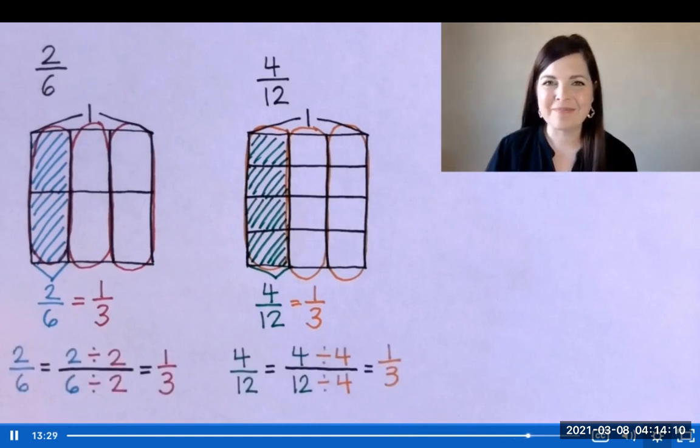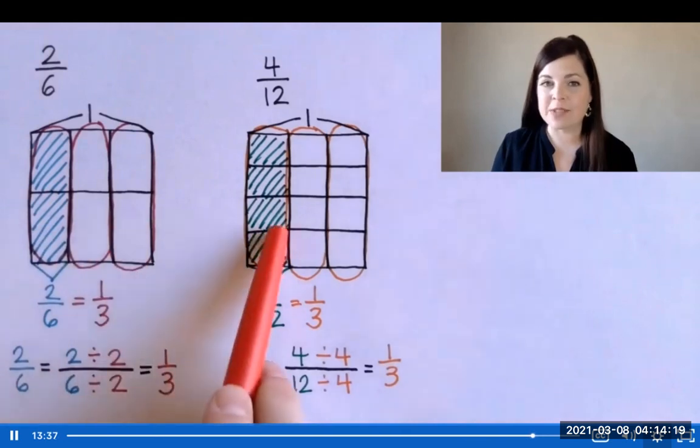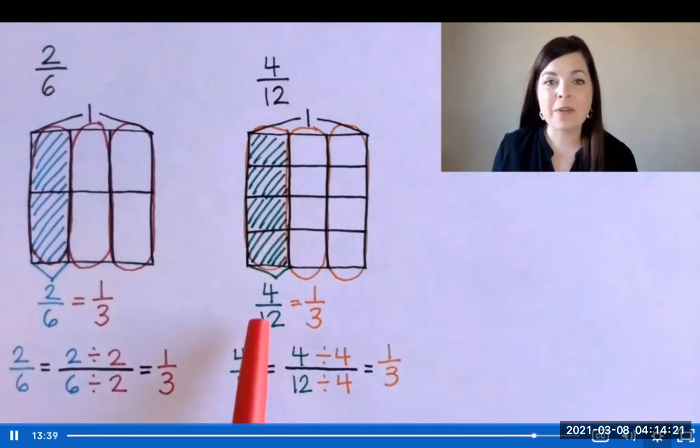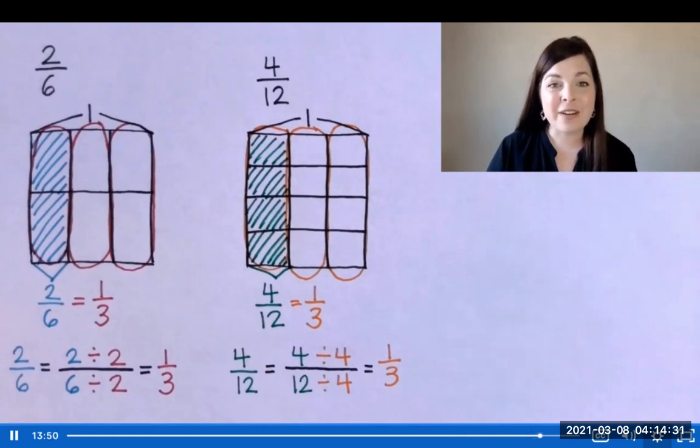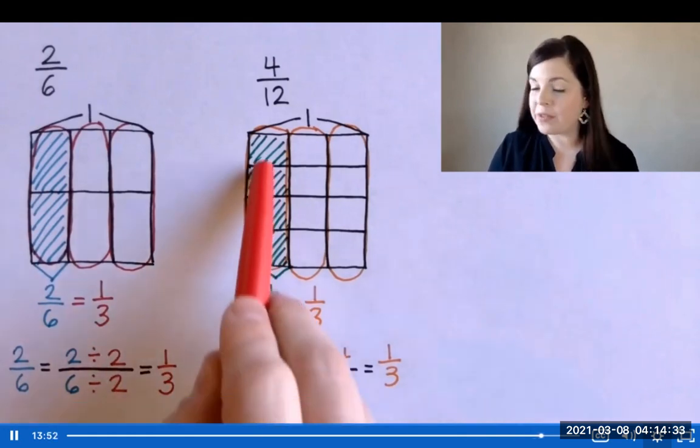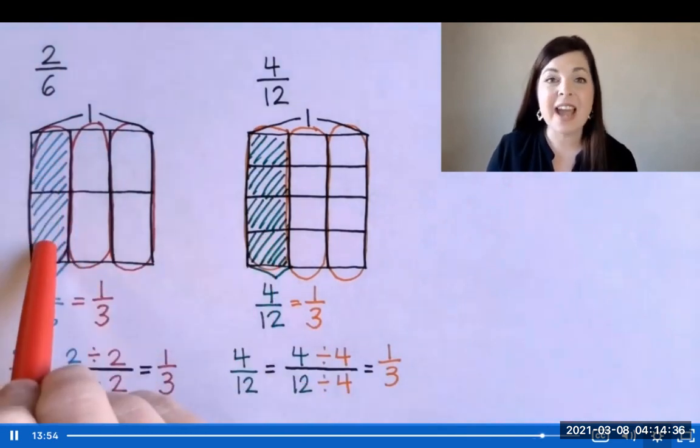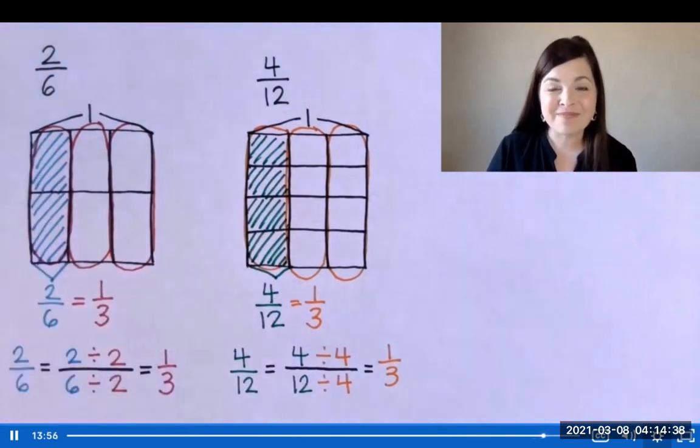Welcome back. Compare your number sentences with mine and make any changes if you need to. Now, using our area models and our number sentences, how are 4/12 and 2/6 related? Pause the video to explain what you're thinking. Maybe you said that in our area models, we can see that both 4/12 and 2/6 have the same area as 1/3.